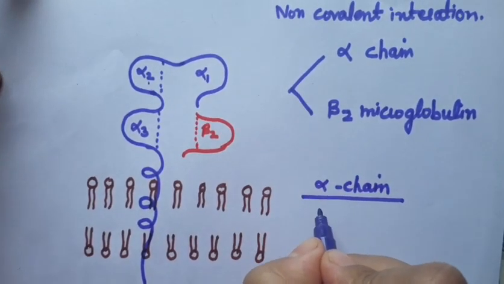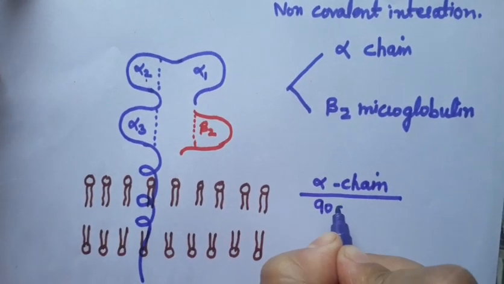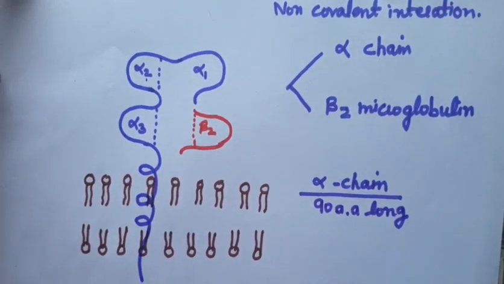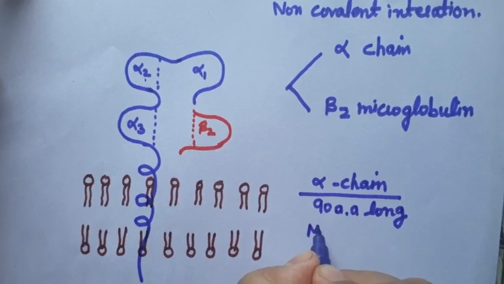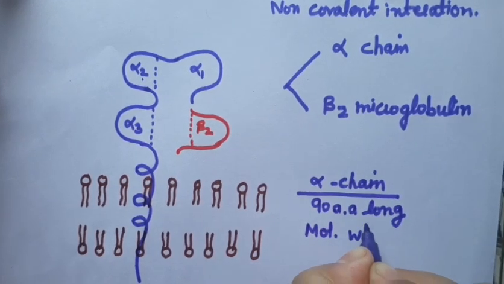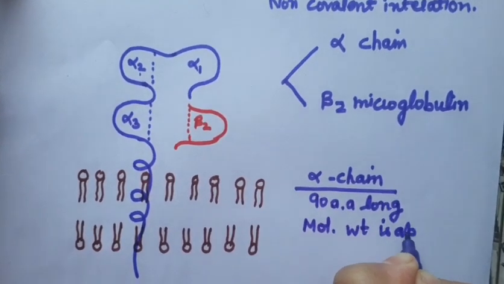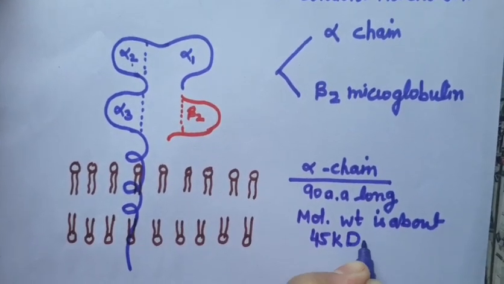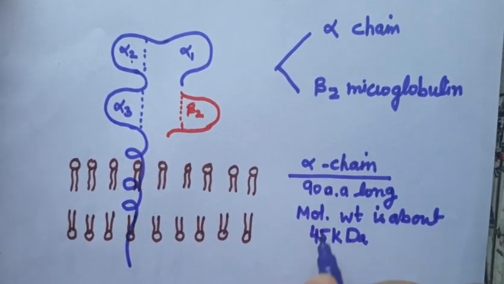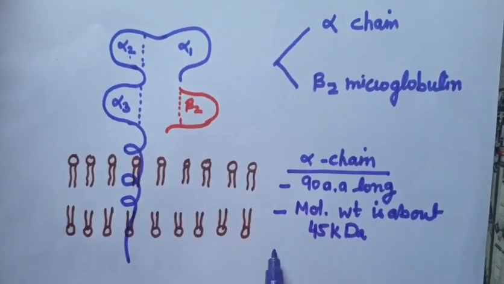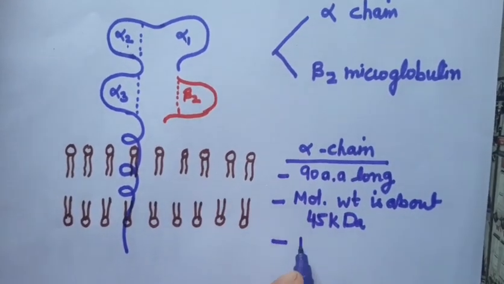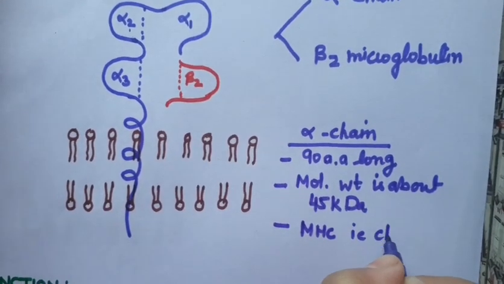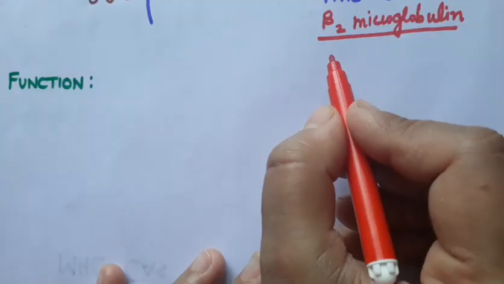These three domains are each about 90 amino acids long, and the molecular weight is about 45 kilodalton. This alpha chain is synthesized in the MHC, that is on chromosome 6.